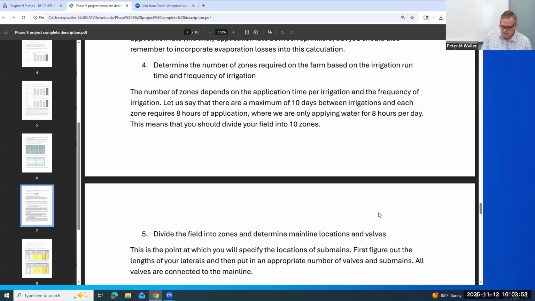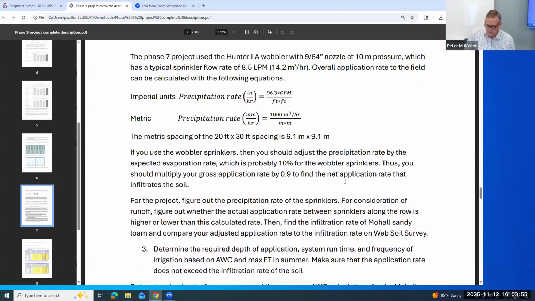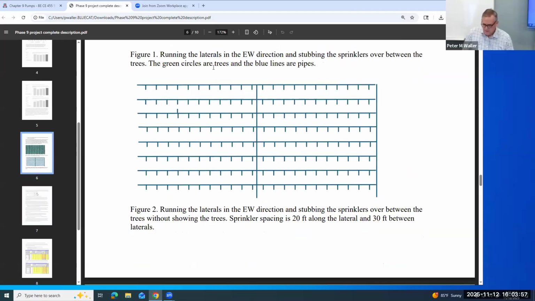Okay, so once you divide your farm into zones, and this might be the zone. What I'm showing here, I think, is about 6 meters between sprinklers.